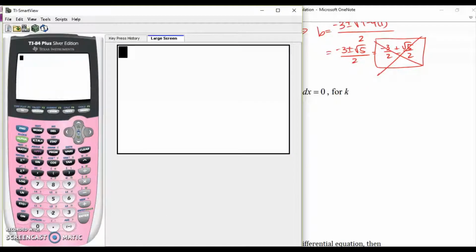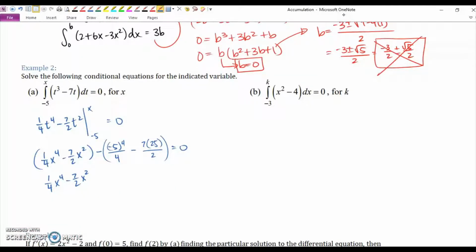You want to make sure? Wait, wasn't it 5 to the 4th is 625. Yeah, that's what I thought. So that would be 625. So minus 625 over 4 minus, and what did we say that was? That's 200 minus 25. So 175 over 2 is equal to 0.